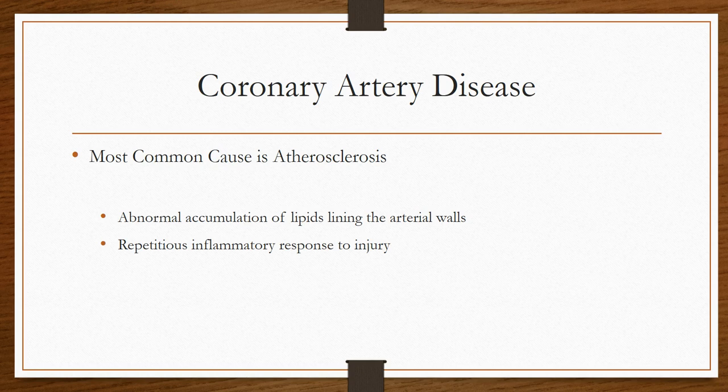To repair that, your body will form not necessarily clots, but some sort of, let's call it a scab, if you want to call it that. And with that, cholesterol that's flowing throughout your bloodstream will collect to that, and that causes the arteries to narrow, because it's a buildup.